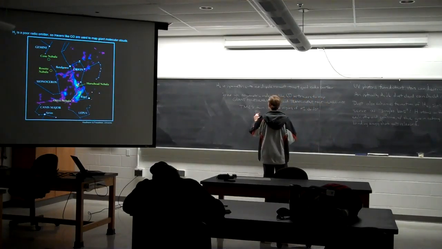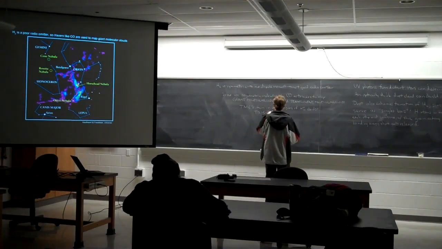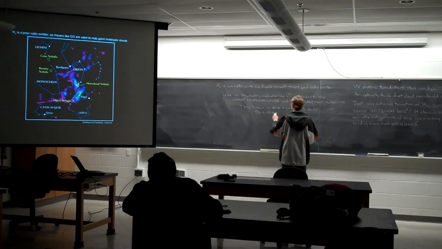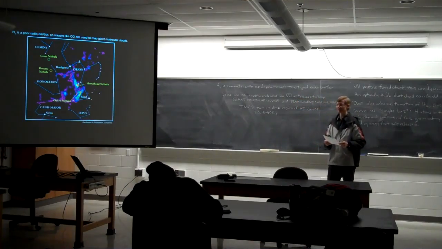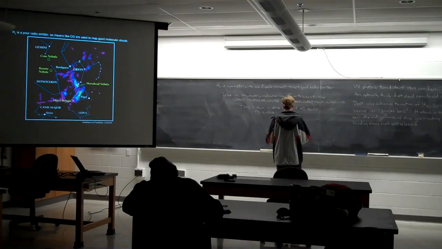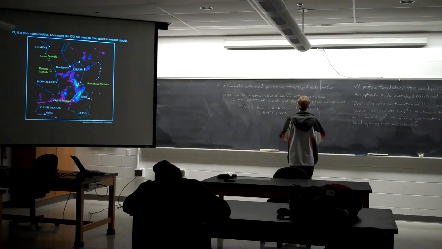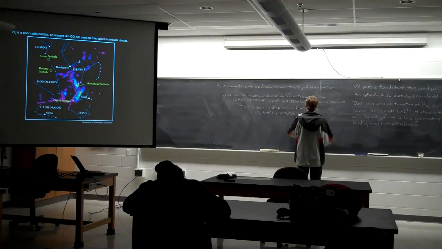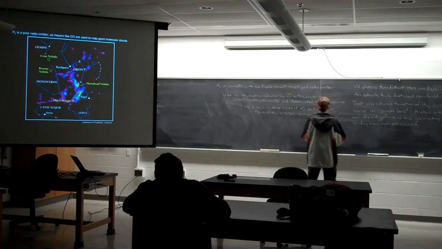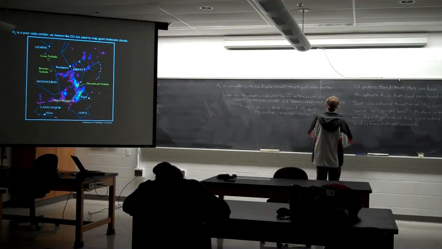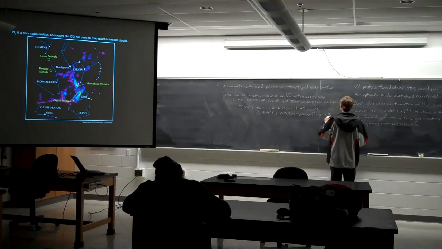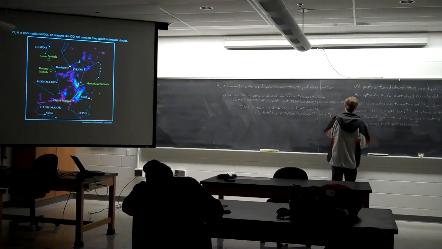So there we're talking temperatures of 15 to 50 Kelvin. I know this is exciting stuff when you get numbers like this. 15 to 50 Kelvin, and about 500 to 5,000 molecules per cubic centimeter. Masses of about, quite a range, 3 to 100 solar masses.